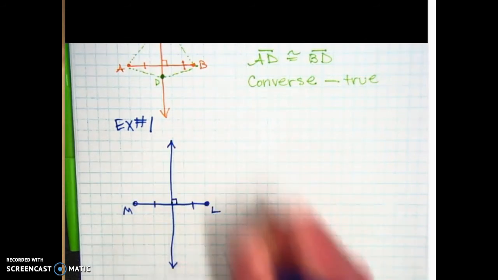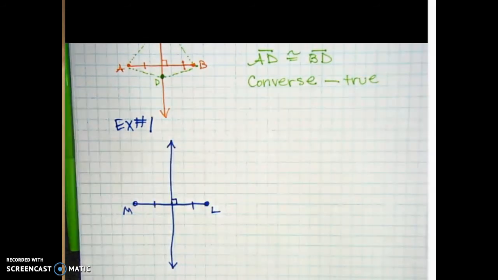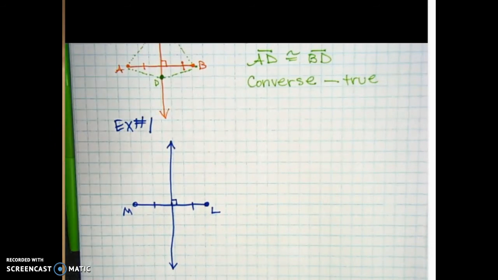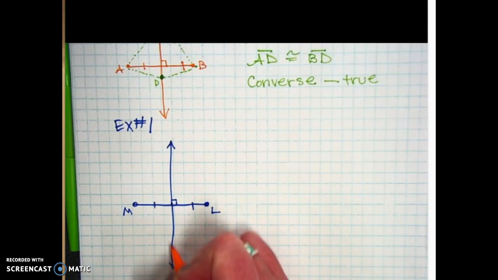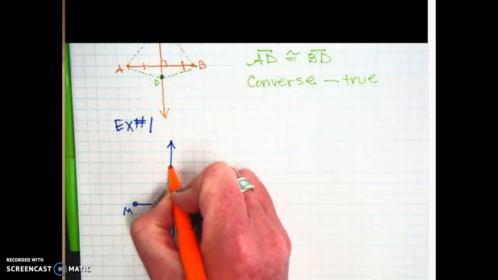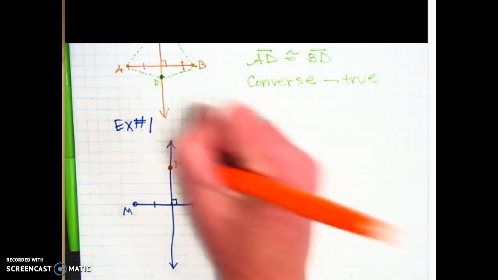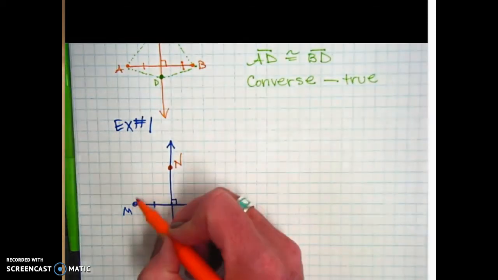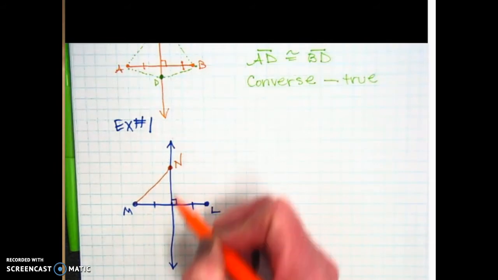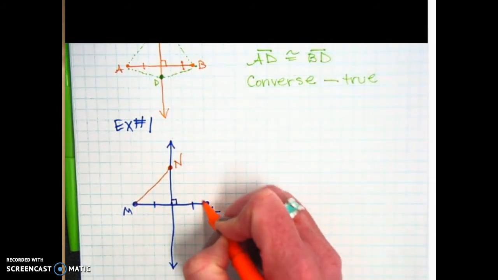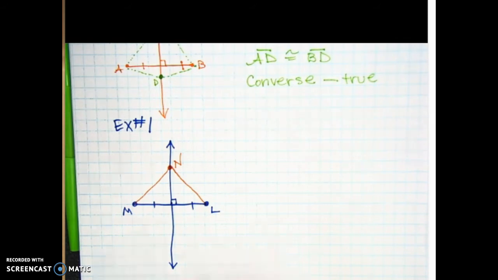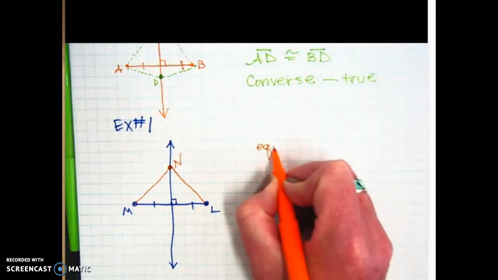We're going to put 2 tick marks to show that it bisects it. And then we're going to randomly pick a point somewhere on that perpendicular bisector. We'll put it up here, but it could just as easily be down here. We'll call it N as in Nancy. Okay? If we connect M to N and L to N, they're going to be equidistant.